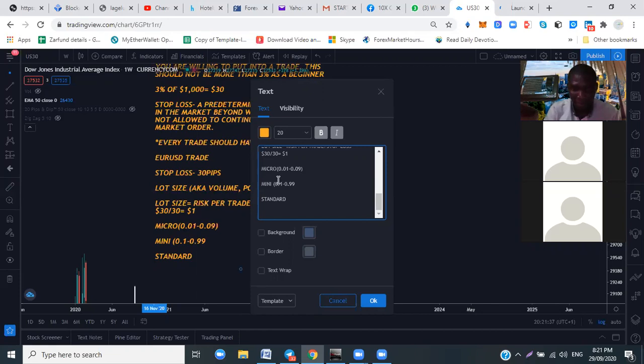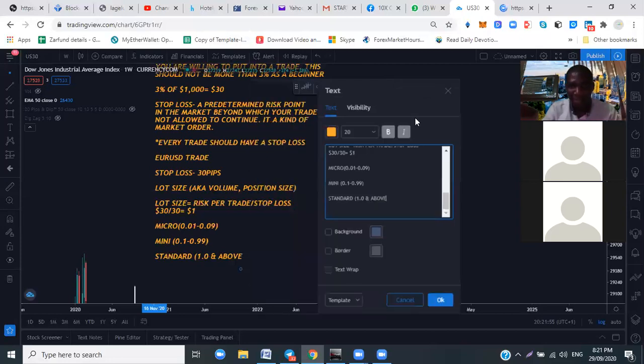Those are mini lots. Then standard lots, 1.0 and above.